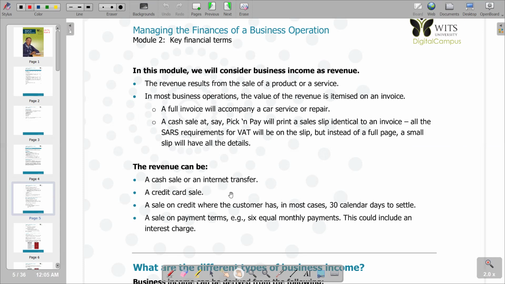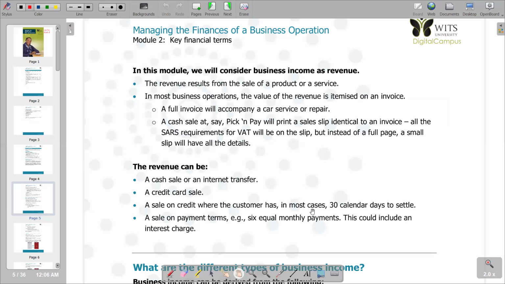Secondly, it can be revenue in the form of a credit card sale, and then also a sale on credit where the customer has, in most cases, 30 calendar days to settle. This is a credit term that is considered a norm in most businesses, where you are expected to pay the amount that you are owing within 30 days.